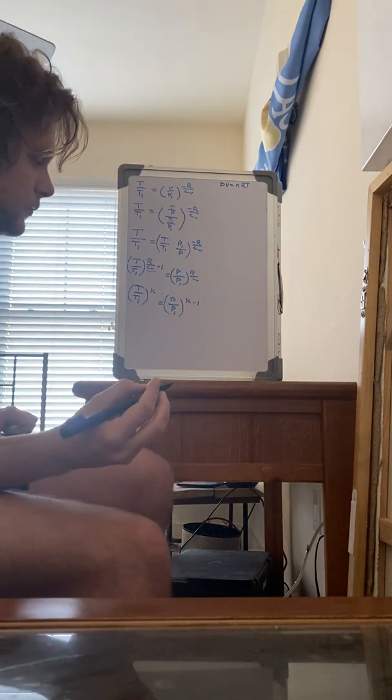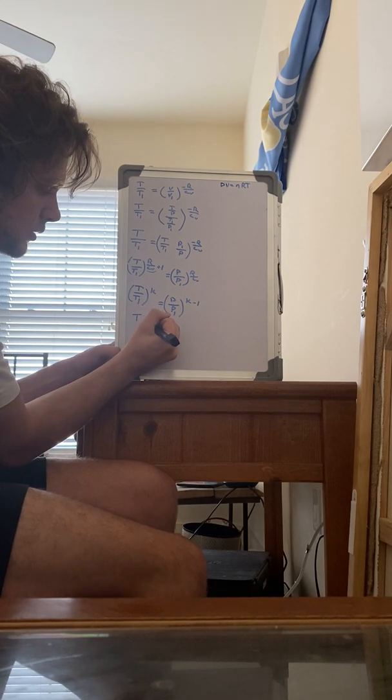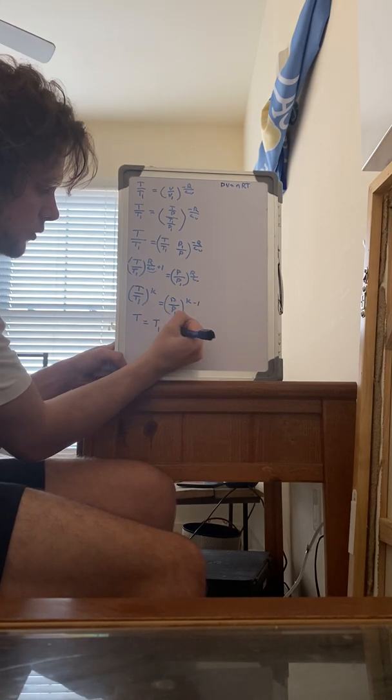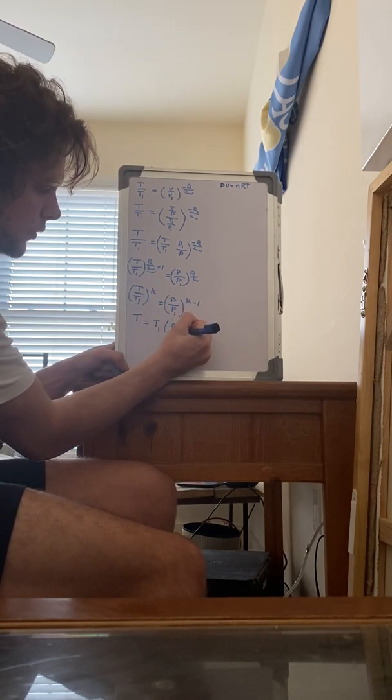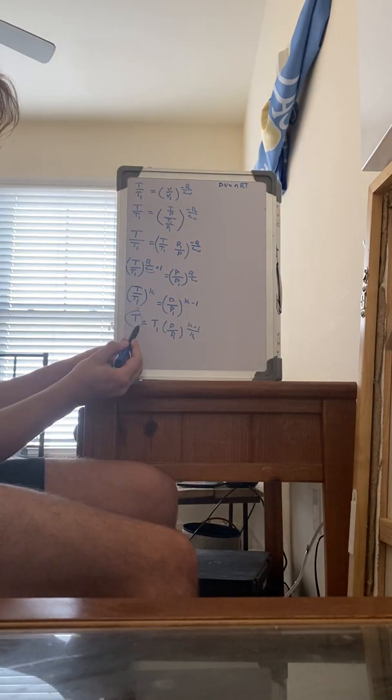Now I just want to rearrange and get T by itself. So T is going to equal T1 times P over P1 to the K minus 1 over K. Now I have T as a function of P.